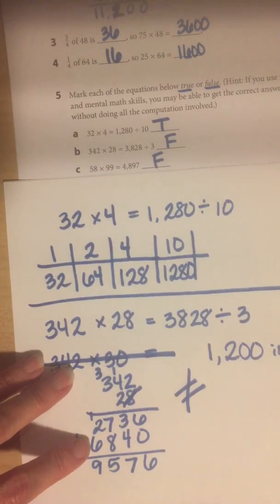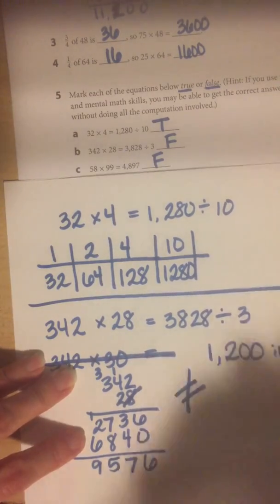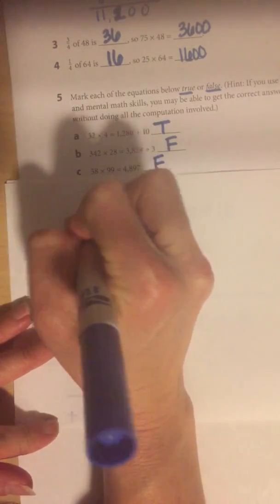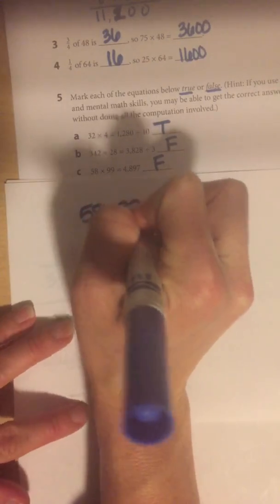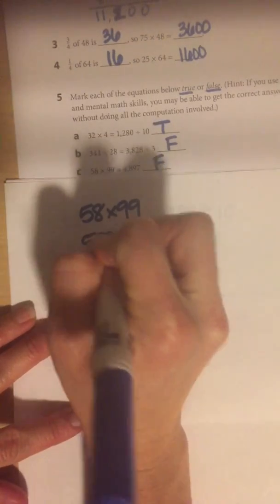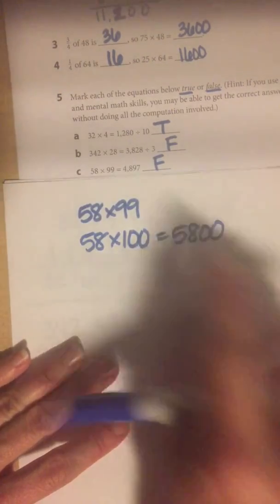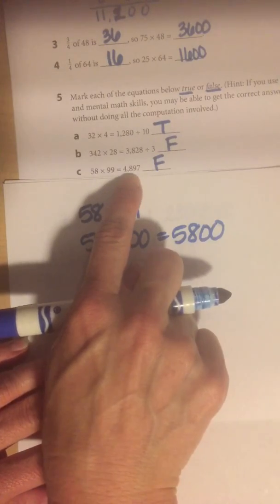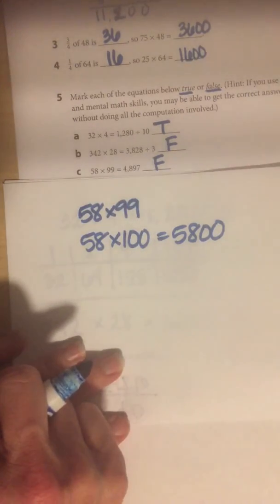On C, the easiest way to do this one is the overage strategy, and you can even do it in your head. So let's round 558 times 99. The closest thing is 558 times 100, which gives me 5,800. 5,800, is that anywhere close to 4,897?